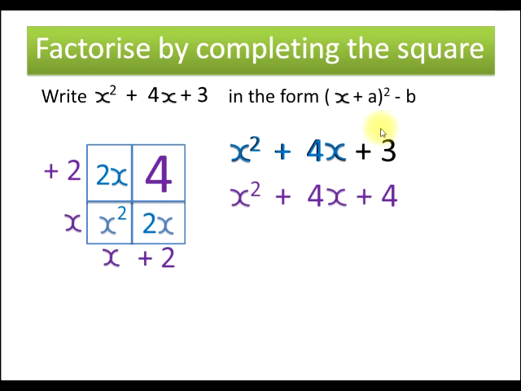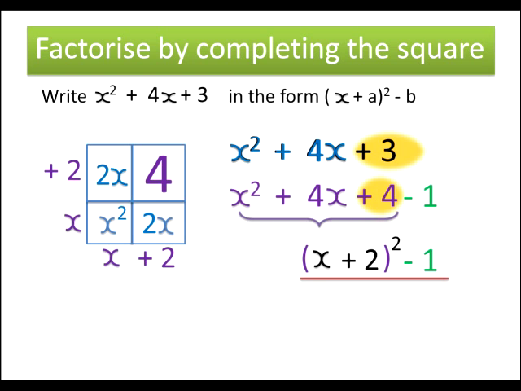But this now is slightly different. I've added a 4 when I've completed the square, but my original expression had to be a 3. So to make this equivalent, I've got to take away 1. I can write this in this form. The length of the square squared, so that's x plus 2 squared, and this time it's a minus 1.